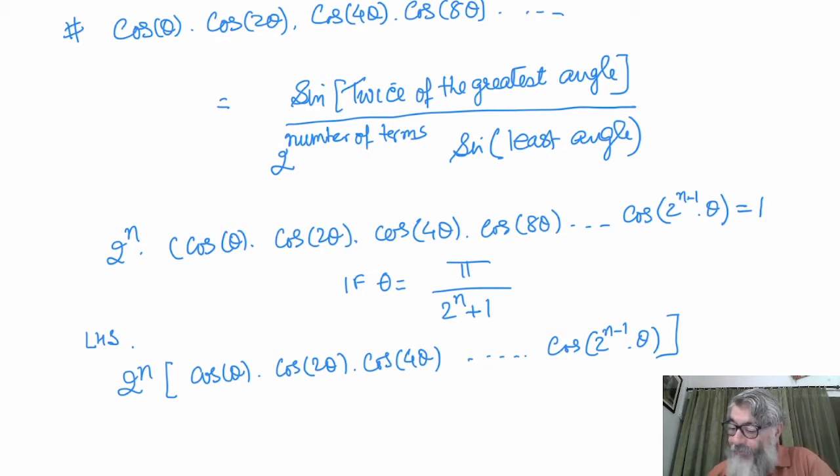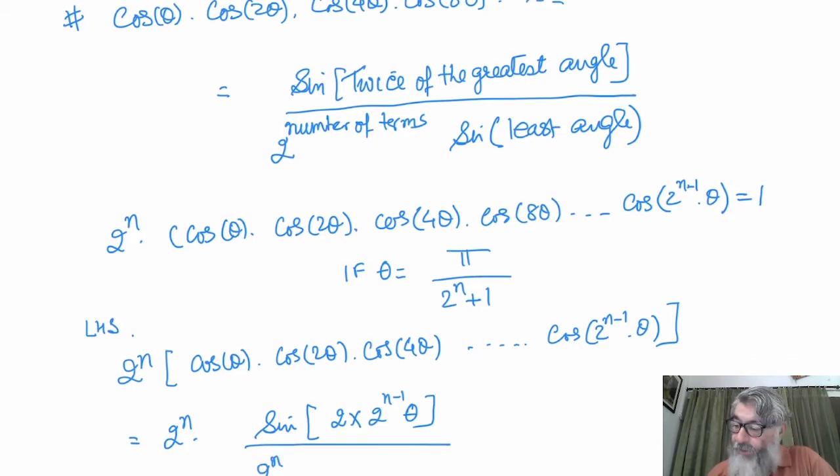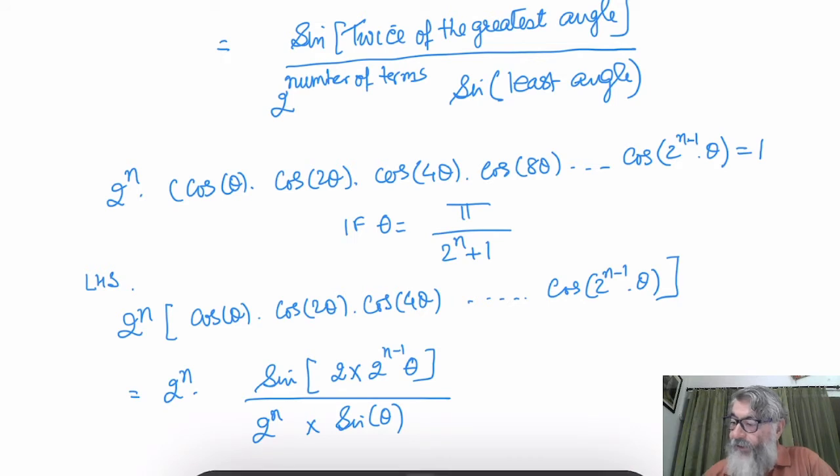So this can directly be written as 2 to the power n times sine of twice the greatest angle. The greatest angle is 2 to the power n minus 1 theta, upon 2 to the power n, 2 to the power number of terms, into sine of the least angle, sine theta. Obviously 2 to the power n from numerator and denominator will cancel each other.